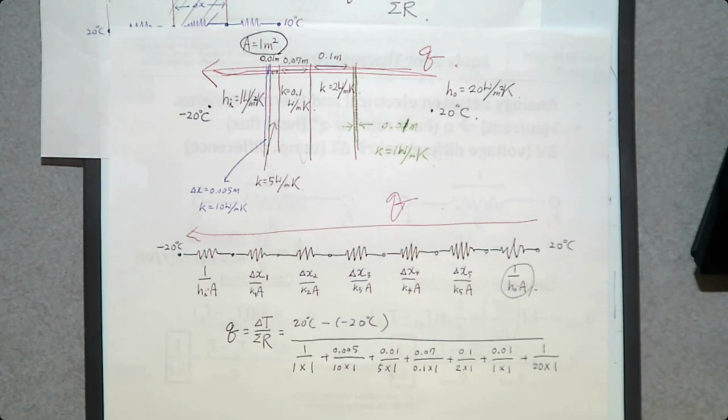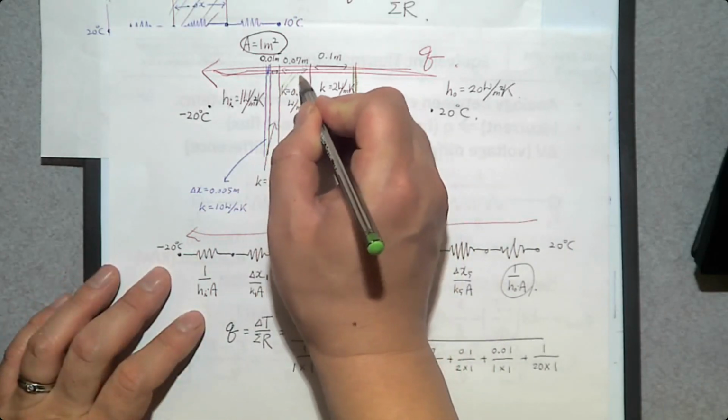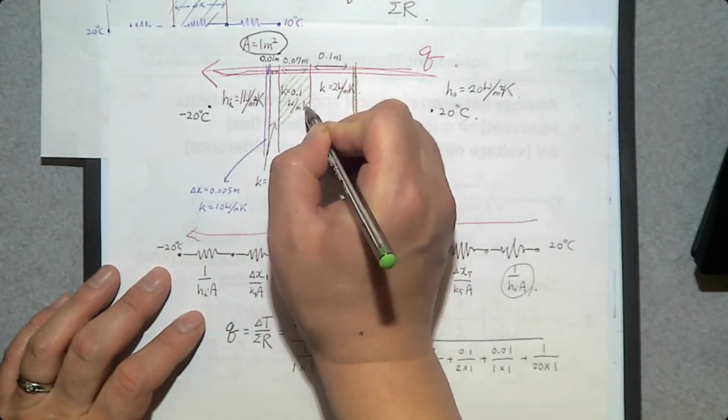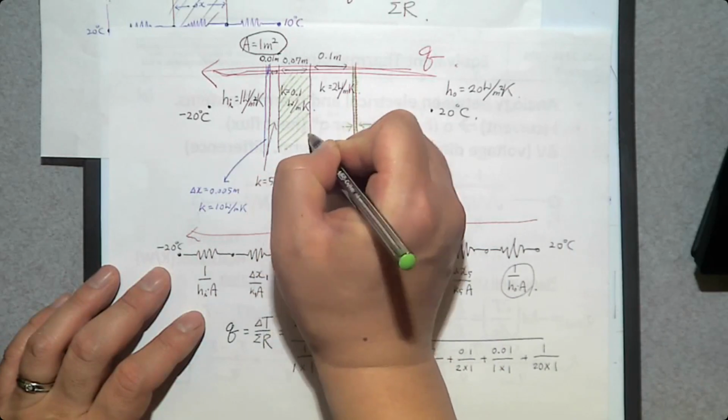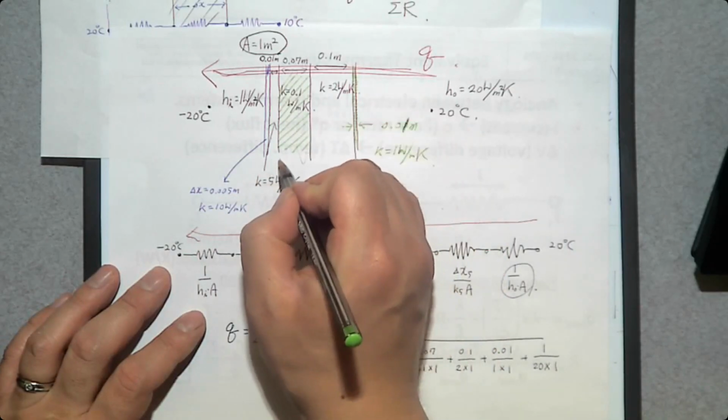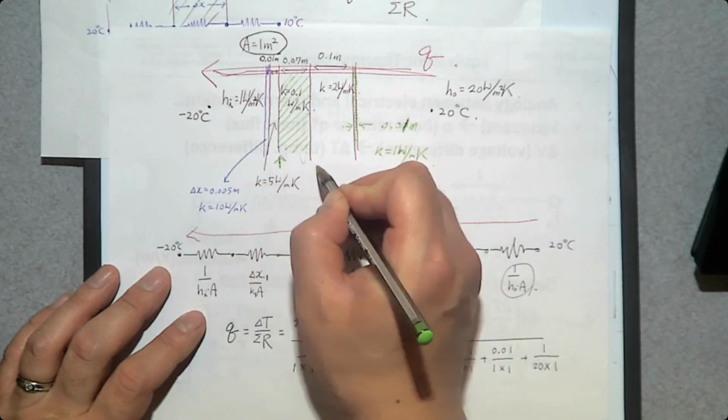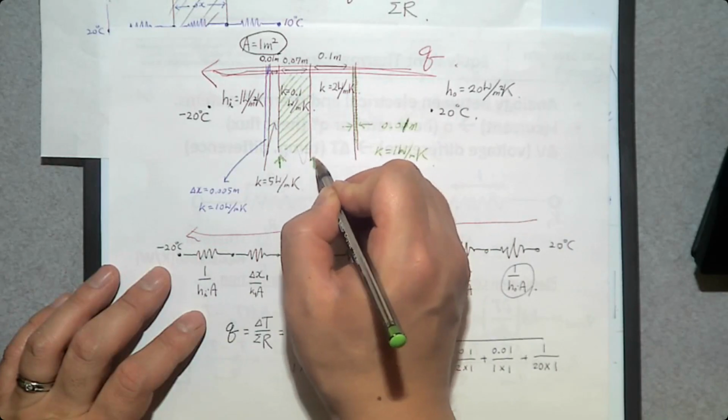Where is the maximum temperature of insulation? First of all, this is the insulation. And how many temperature points in this insulation? The inner surface of the insulation, the outer surface of the insulation.